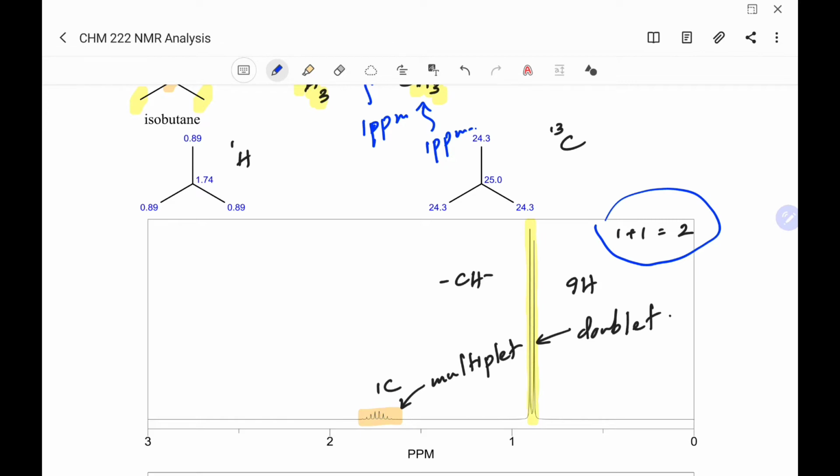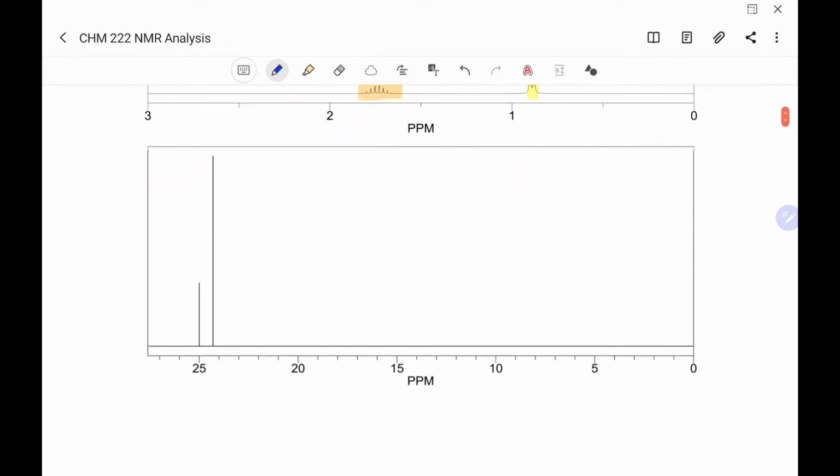The peak for the CH3 groups is going to be a doublet. And the peak for the CH hydrogen, the middle hydrogen, has 9 hydrogens as neighbors, so it is going to be split into a multiplet. According to the n+1 rule, it should theoretically be split into 10, but you are not going to see tiny 10 peaks, so instead you are going to see a multiplet. So this is the analysis.